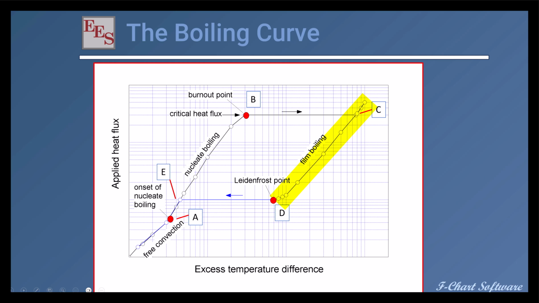And then from point D to some heat flux way above C to get the film boiling curve, and then finally D back to E. And once I have that information in an array, I can just make a plot and set the auto update feature to the plot so that if I change something, so for example change from water to isobutane to some other fluid, the plot will just adjust itself, and I'll have then an auto-updated version of my boiling curve.